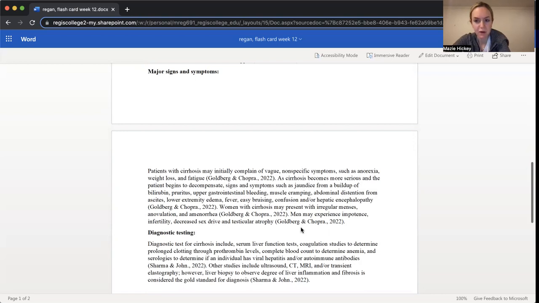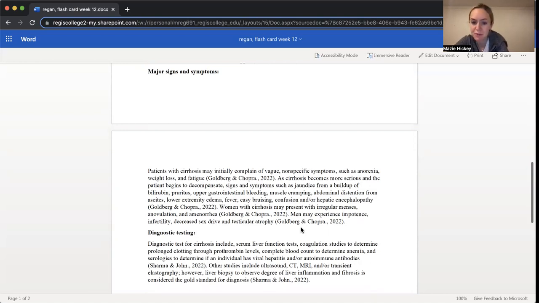Muscle cramping can also be associated with cirrhosis, abdominal distension from ascites, lower extremity edema, fever, easy bruising, and confusion, which is often associated with hepatic encephalopathy.